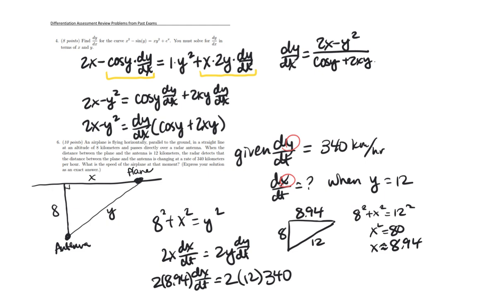And when I do that, I get that dx dt equals 456.375, so maybe 38 kilometers per hour. So that's the speed of the plane.